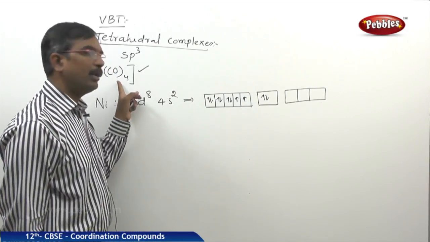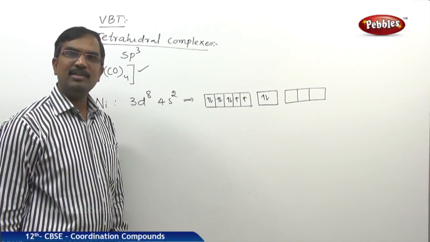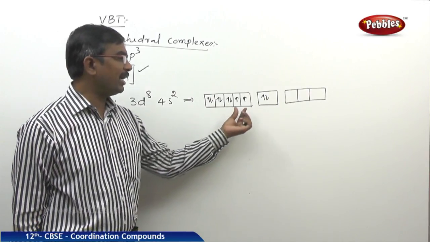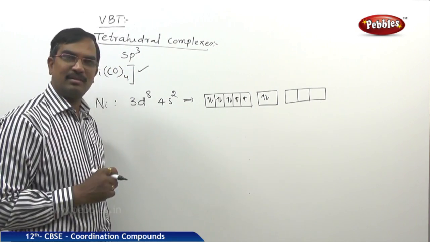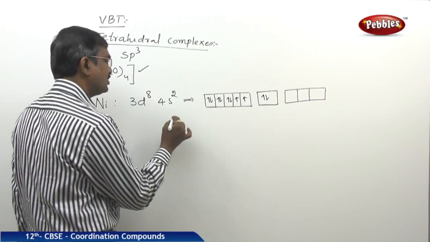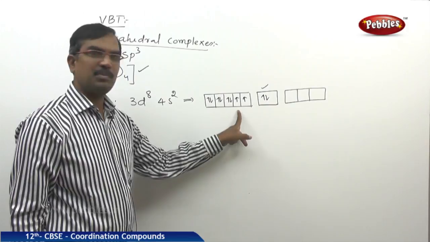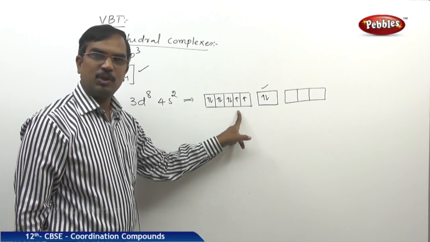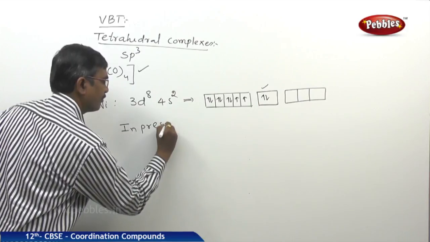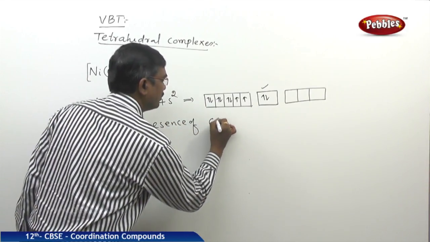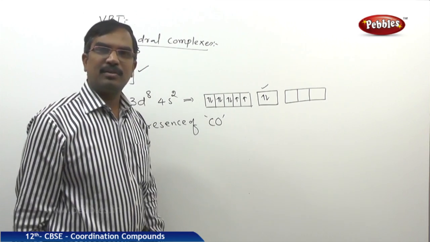Carbon monoxide is generally called a strong field ligand. In the presence of strong field ligands, the electrons undergo pairing. So in the presence of carbon monoxide, the two electrons present in the 4s orbital shift onto the 3d orbitals of nickel.